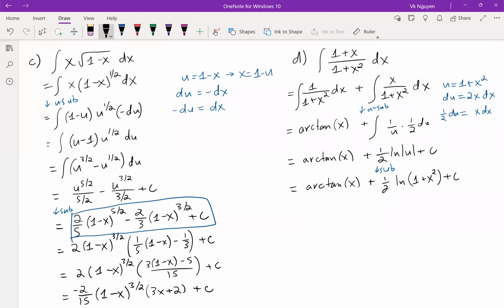And then we can use the logarithmic power rule to get arctan x plus ln (1 plus x squared) to the power 1 over 2, or it's best to write this as ln root of 1 plus x squared plus c.